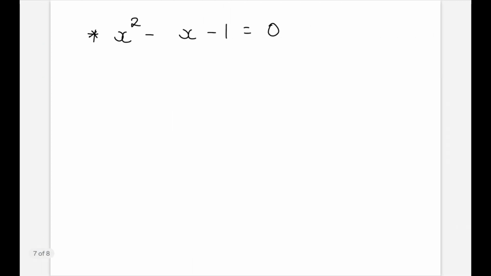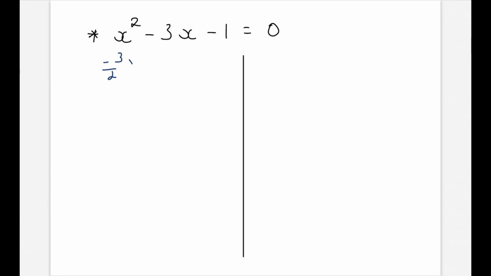How can we solve x squared minus x minus 1 is equal to 0 using the, let me actually change this question and just put maybe a 3 here. How can we solve for this using completing the square? Well, what is half of b?